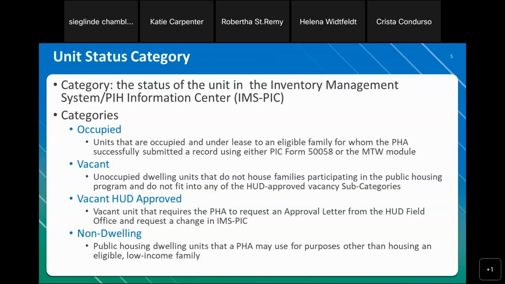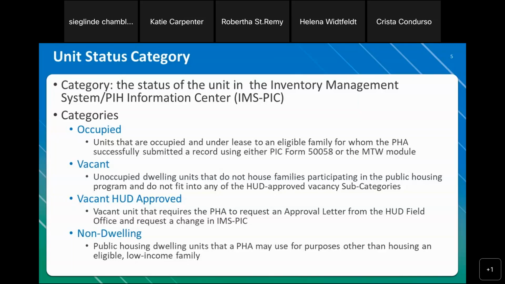The occupied units really refer to the units that are occupied and under lease to an eligible family for which the PHA successfully submitted a record using the PIC system. We also refer to this as the 505.8 or the MTW module.